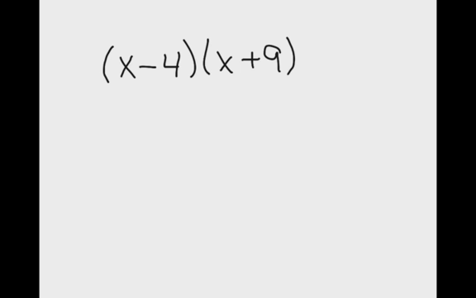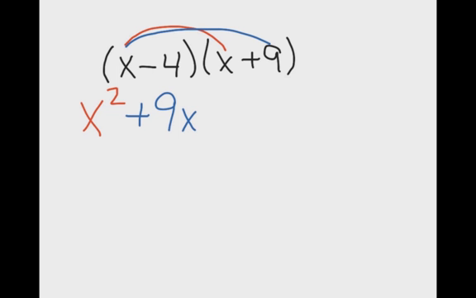Okay, we're going to do another example. So again, we have a binomial times a binomial, so we can use our FOIL method. So we're going to take the first terms of both of them, multiply those together to get x squared. Then we do our outside terms to get a positive 9x.